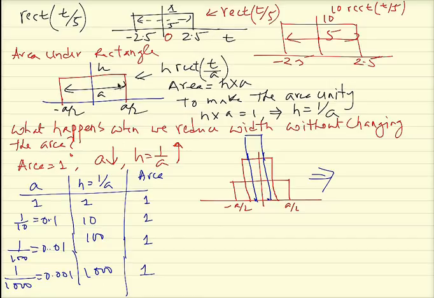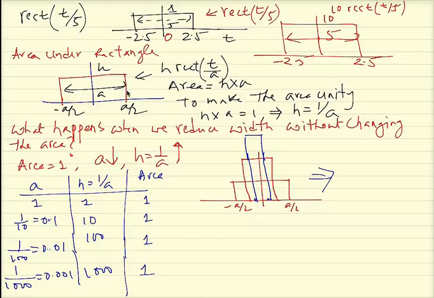So what is the area under this rectangle? Here we're trying to find the area. It's very simple, as you know, this is rectangular in shape. If you have a rectangular pulse with a width of a and height h, then what is the area of this one?